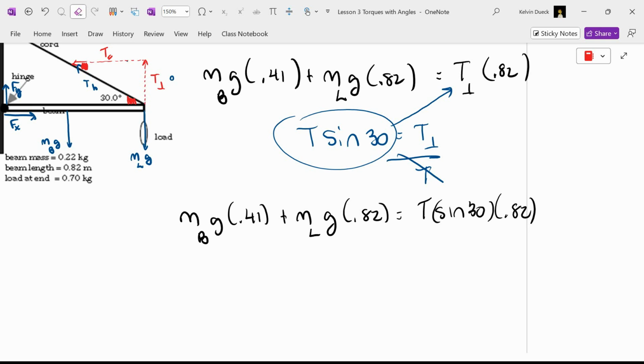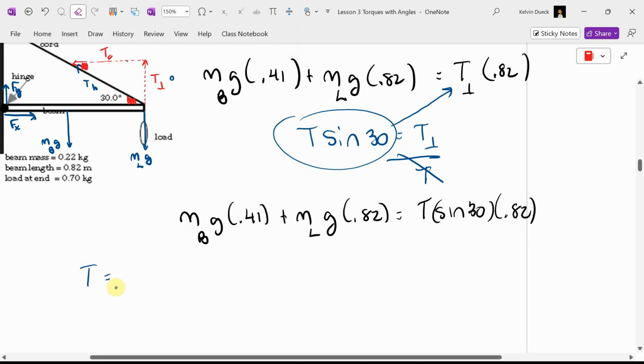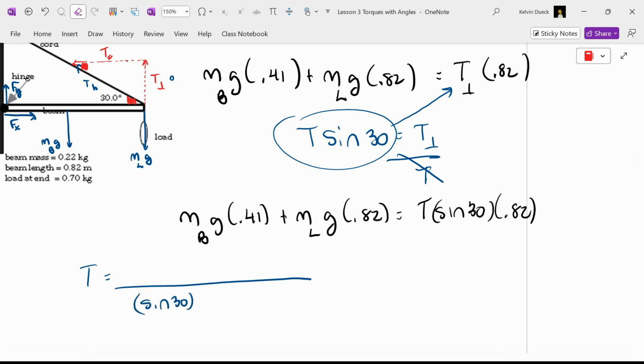Gerard, how would I get the T by itself? How would I move the sine 30 and the 0.82 over? Yeah, I mean, it's a load of work to get there. Think about this massive free body diagram and trig and components. But I always liked these because the punchline was always, tension is going to be a sine 30 on the bottom, a 0.82 on the bottom.